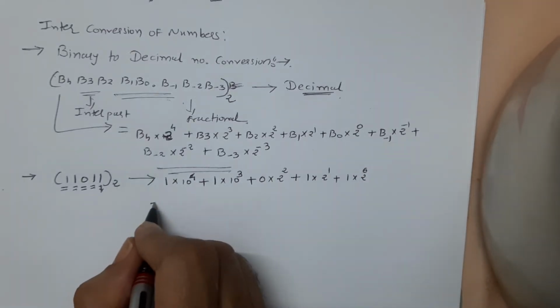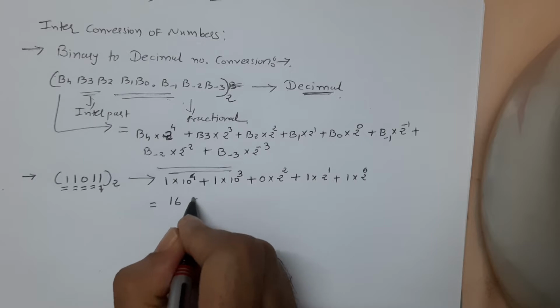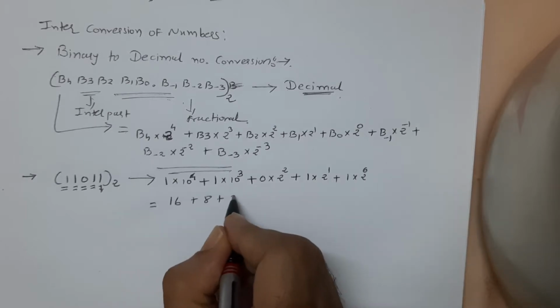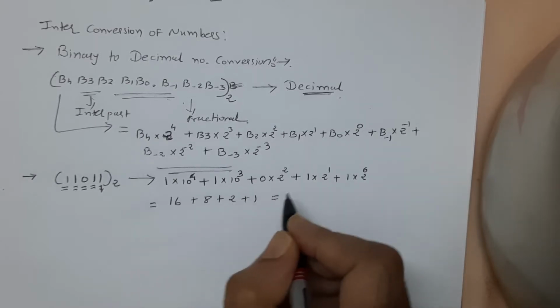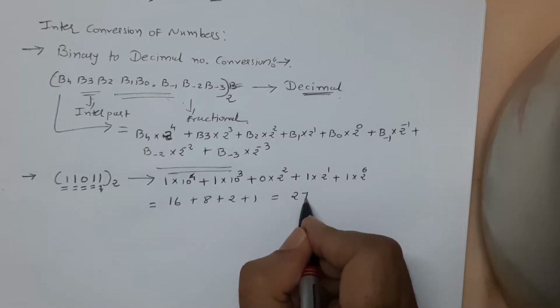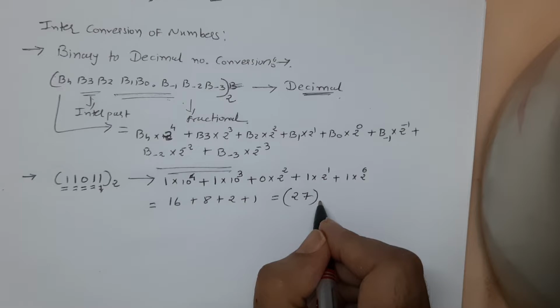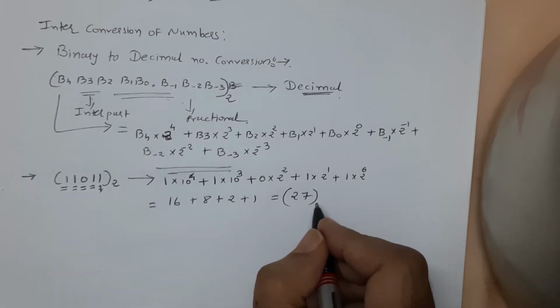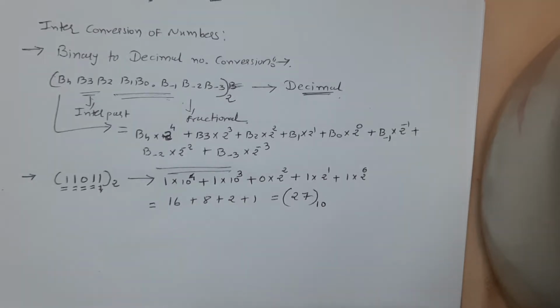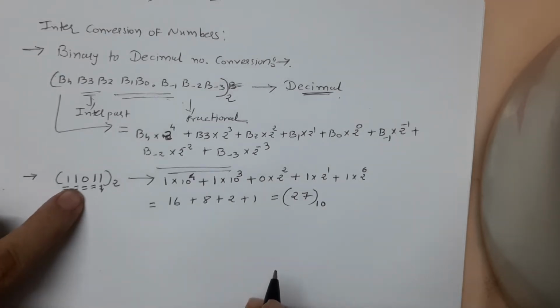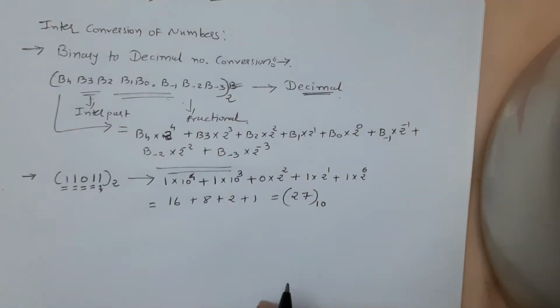So this is equal to 16 plus 8 plus 2 plus 1, that is equal to 27. This is your decimal number. So this is your binary number and this is your decimal number. In this way we convert this, right?